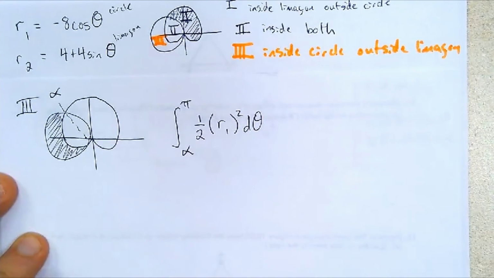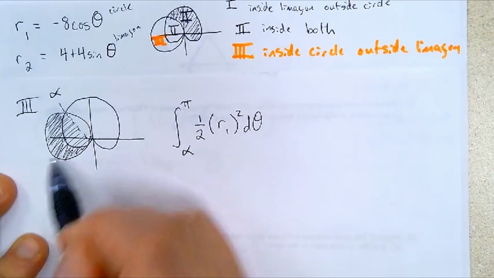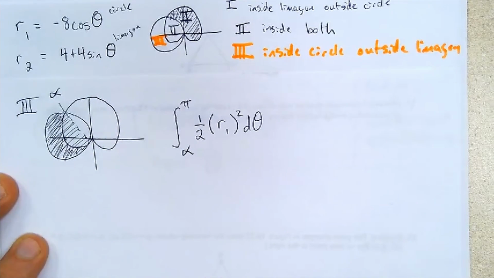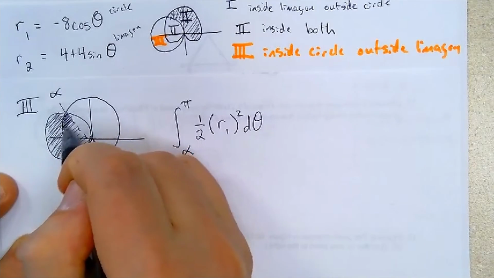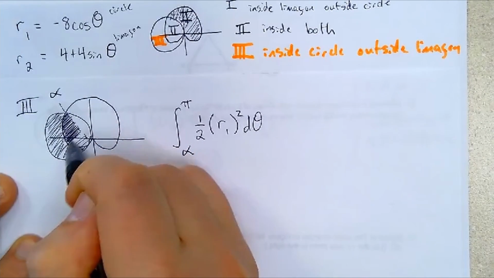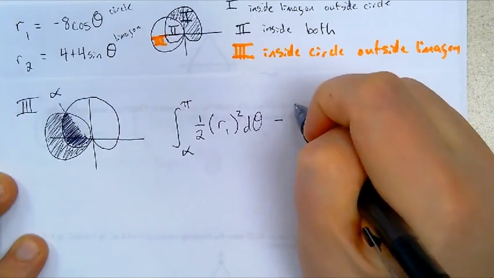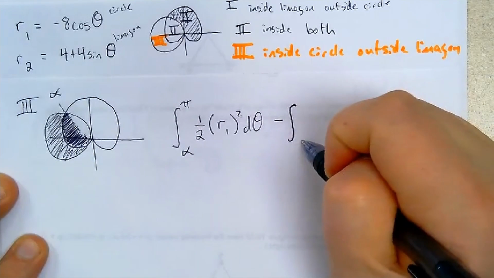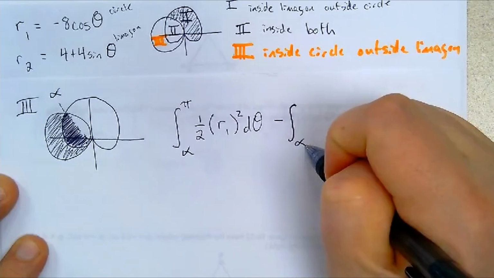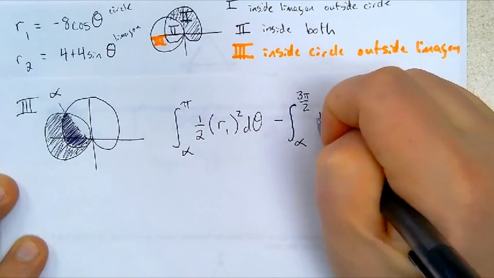what that's going to do is give me that much space, and I need to subtract out the darker region. So I'm going to subtract that region of the limaçon, and that region of the limaçon is alpha to 3 pi halves of the limaçon.